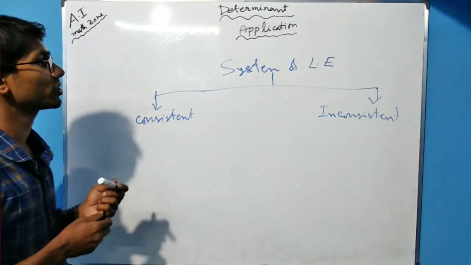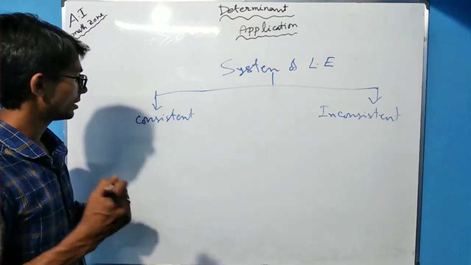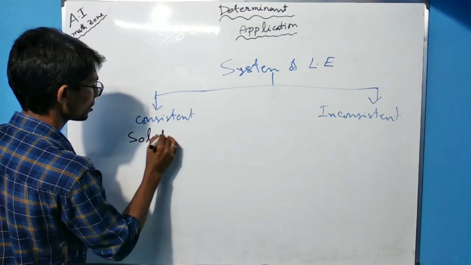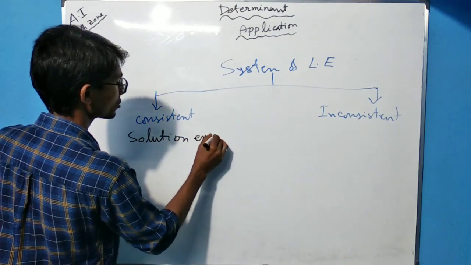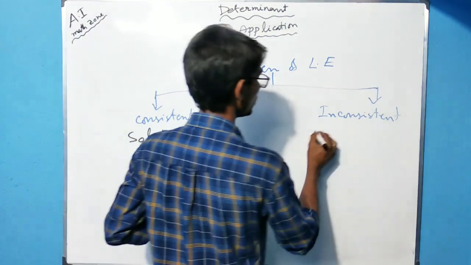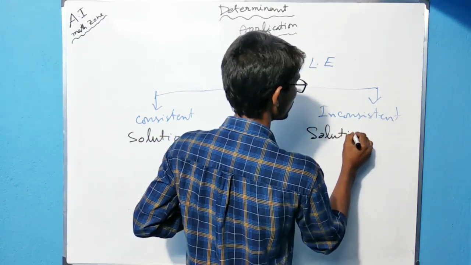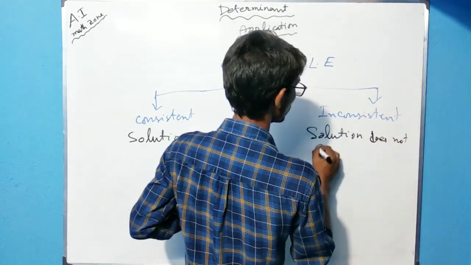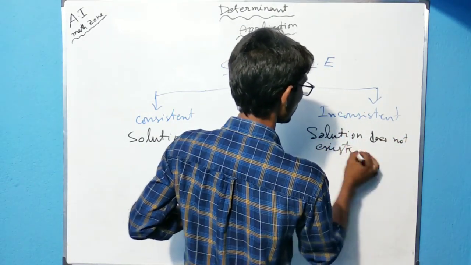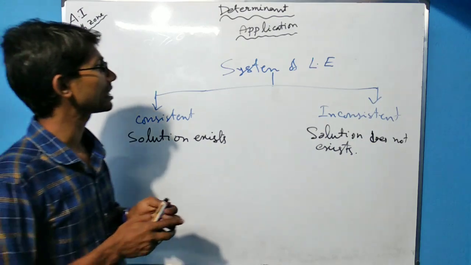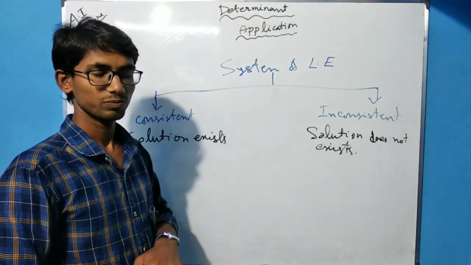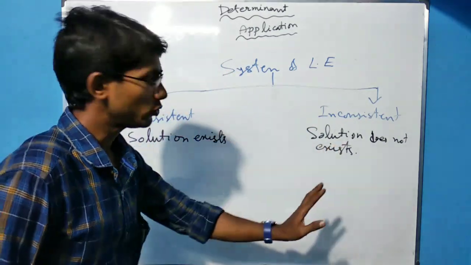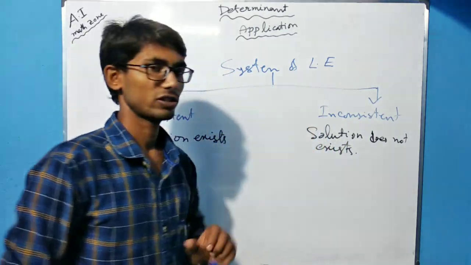A system of linear equations is called consistent when a solution exists, and inconsistent when a solution does not exist. So if a system of linear equations has a solution, then it is called consistent, and if it doesn't have any solution, then it is called inconsistent.